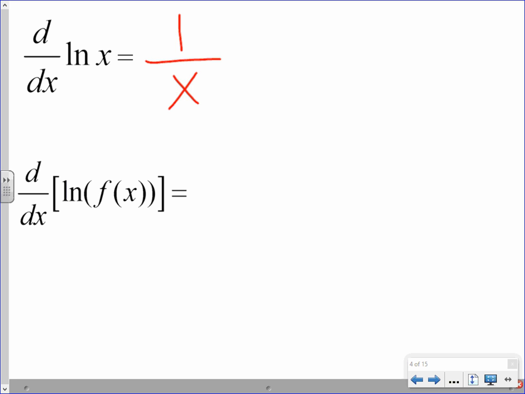So if the derivative of the natural log of x is 1 over x, the derivative of the natural log of f of x is 1 over f of x, then times the derivative of what's inside. So I'm going to follow that same pattern, but then use the chain rule.